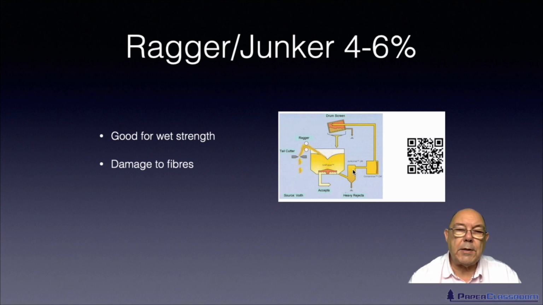So those tiny bits of floaty plastic will be floating around in here. So we will bring them up, put them through a little drum screen. Any useful fibre in the stock will pass through the perforation of the drum screen back into here, and then hopefully under the rotor and out through there.